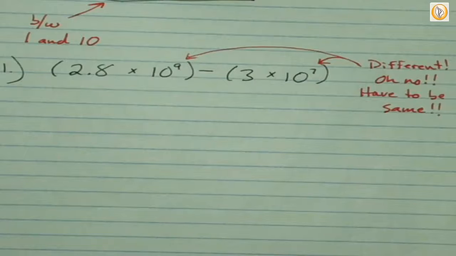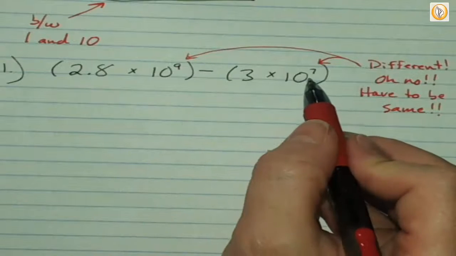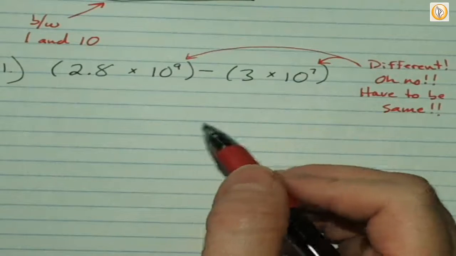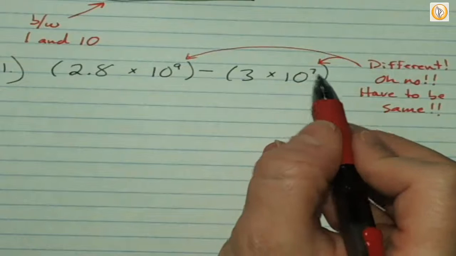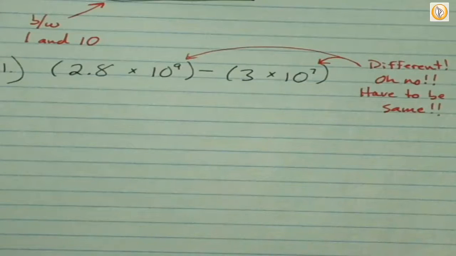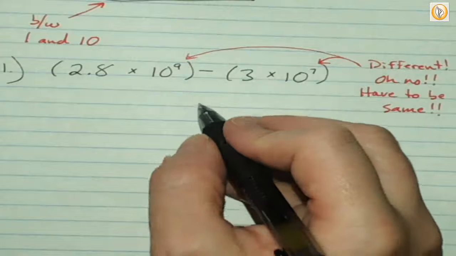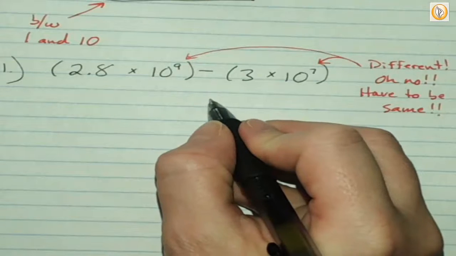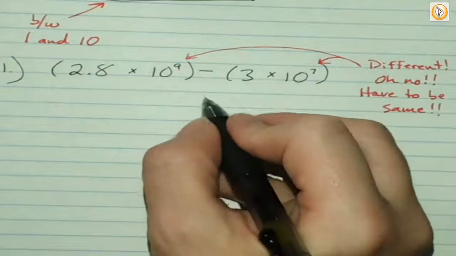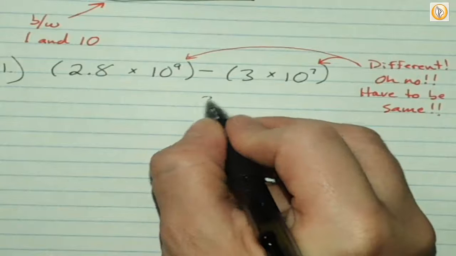Bingo! Because remember I said we want to make the lower one match the higher one. What do I need to add to the 7 to make it match the 9? Is it 2? Yes, don't overthink it.